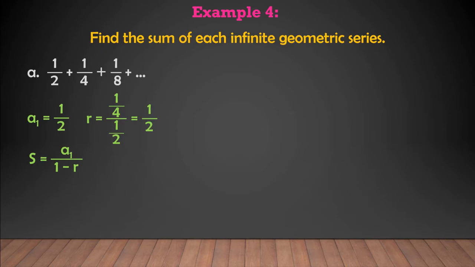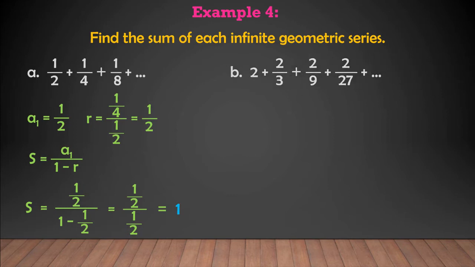So the sum is a sub 1 over 1 minus r. Substitute the given values. We have S equals 1/2 all over 1 minus 1/2. This is just equal to 1/2 over 1/2, which is just equal to 1.